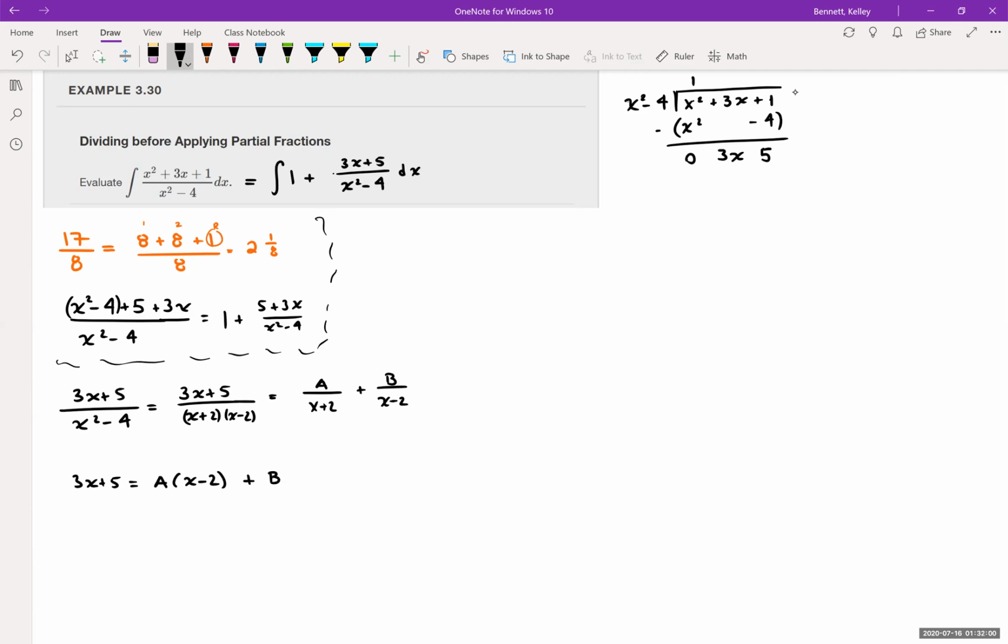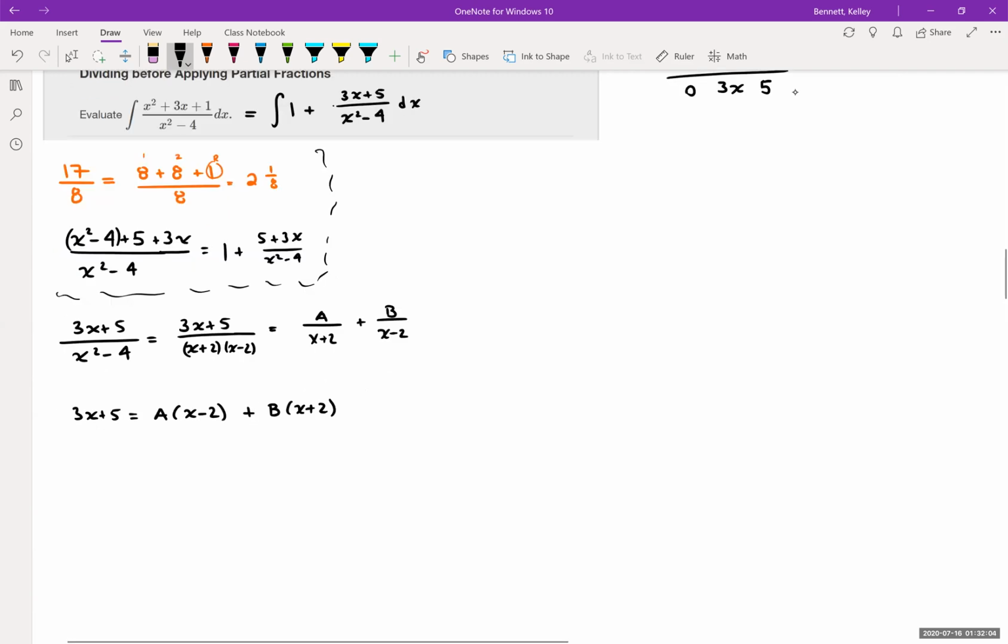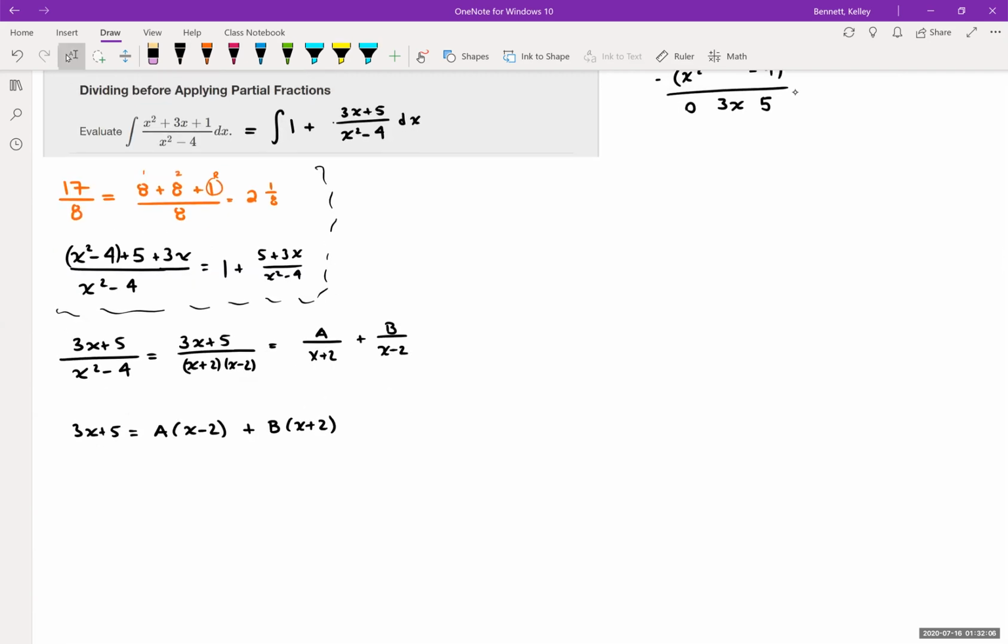And then I get B times x plus 2. And when I have non-repeating linear terms, I know I have enough killer x's to wreck shop. So if x equals 2, that's a killer x. I'll get 3 times negative 2 plus 5 equals A times 0 plus B times 4.